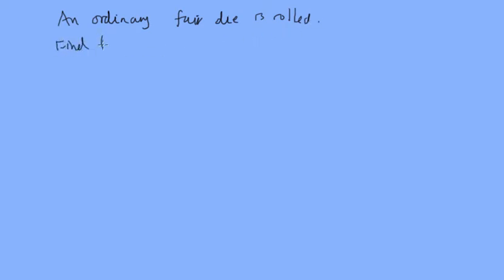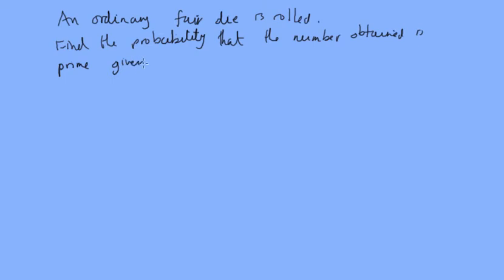Find the probability that the number obtained is prime, given that it is odd. So we want the probability that it's prime, given that it is odd.